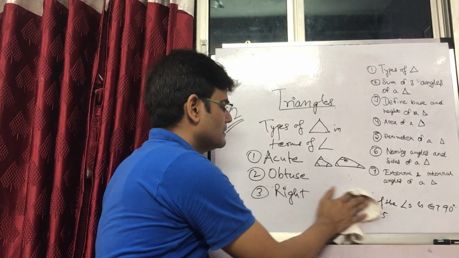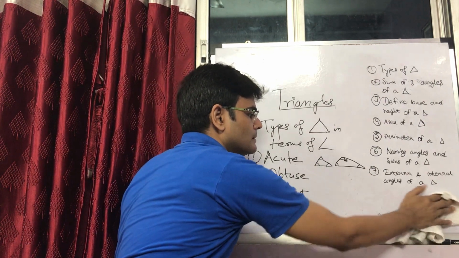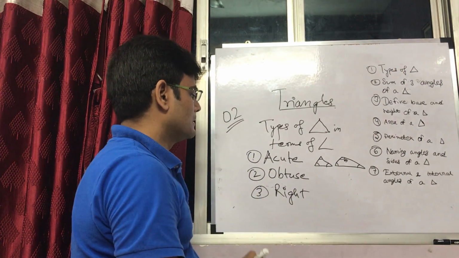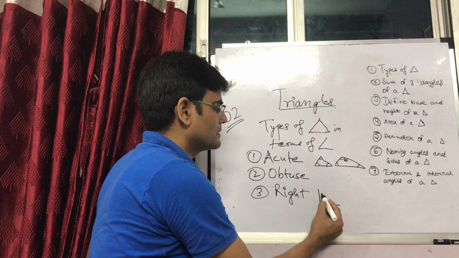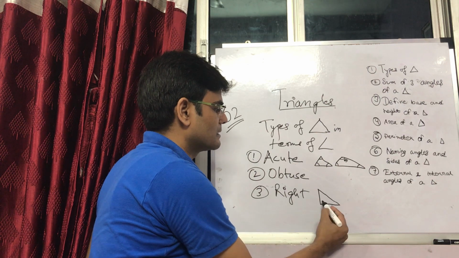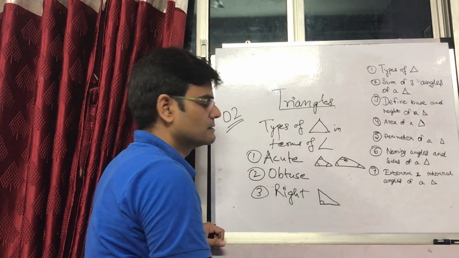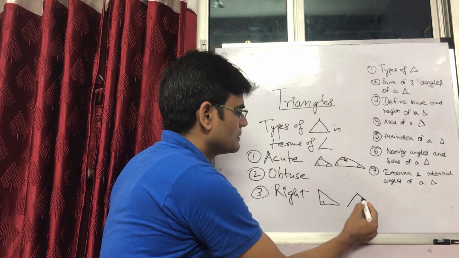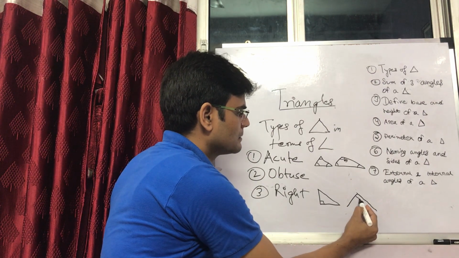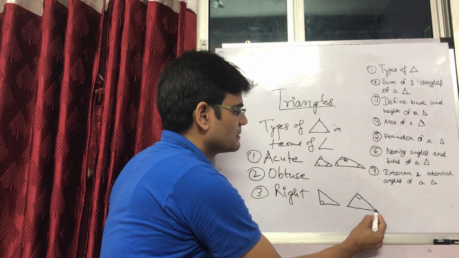Next is the right angle triangle. If one of the angles is 90 degrees, that's a right triangle. This is a right angle triangle.